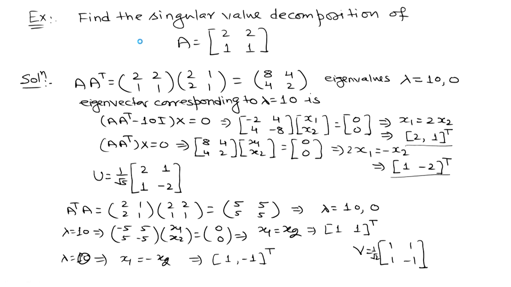So, what I am having, U is 1 upon root 5, and then 2 1 and 1 minus 2, V equals 1 upon root 2, 1 1 1 minus 1.